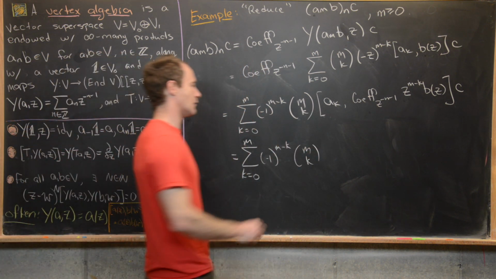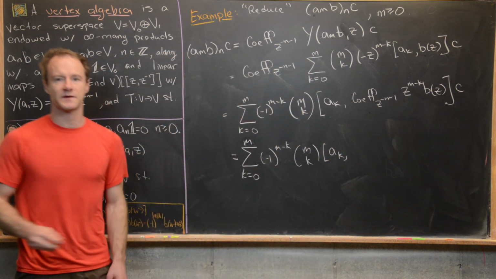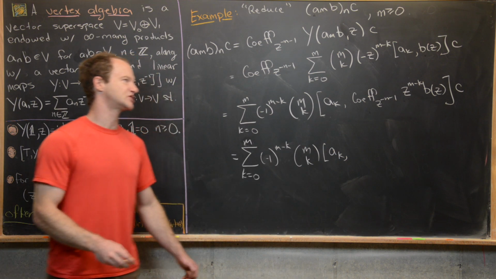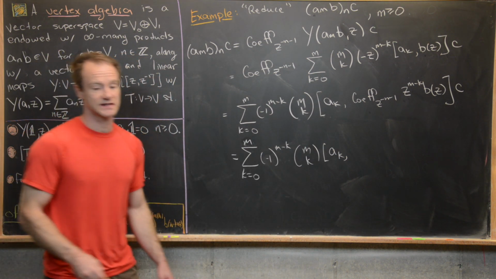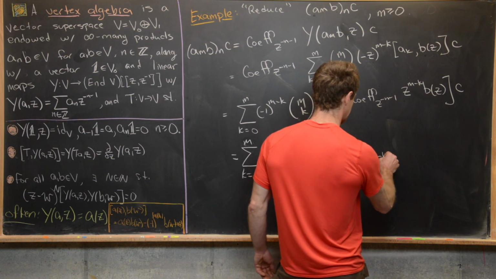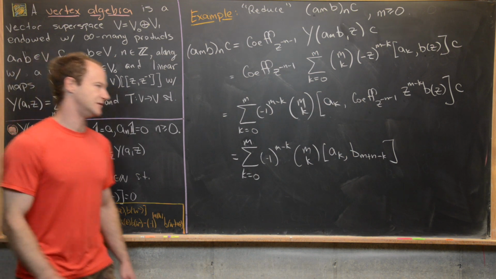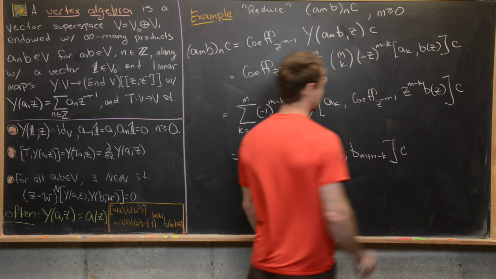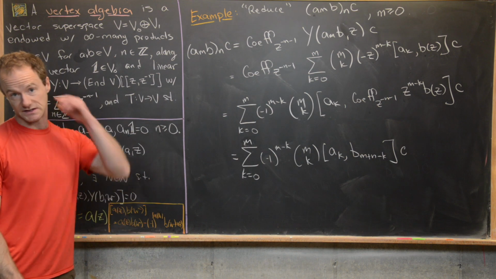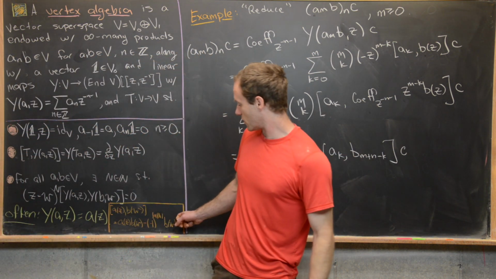And now we'll have the commutator of a_k with, so again, we just have to figure out which component is pulled out of this, and it is going to be b_(m+n-k). So I'll let you play around with that if you need to check that, but that's what you get, and then you get all of that times c. And then recall, this is going to be the commutator just as defined over here.